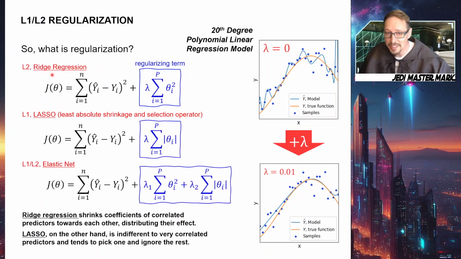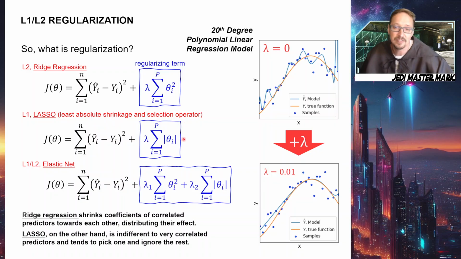It's not the only penalty term that you can add. Another common one is called L1 regularization, and it's called lasso. And you can see what the acronym stands for: least absolute shrinkage and selection operator.